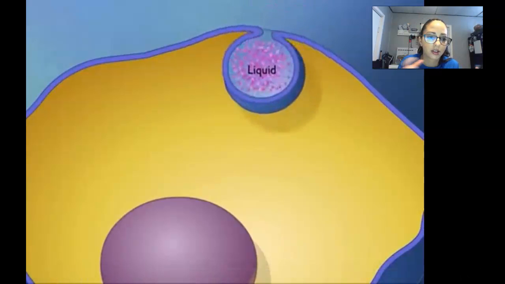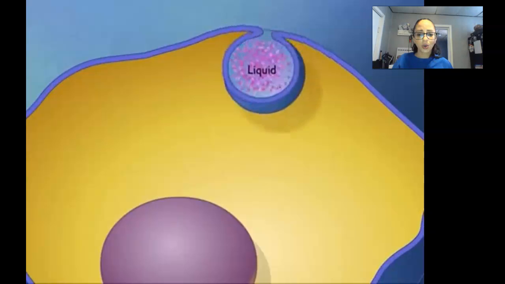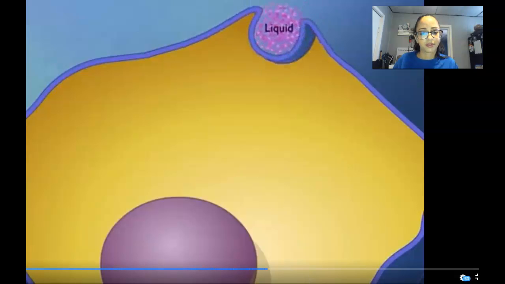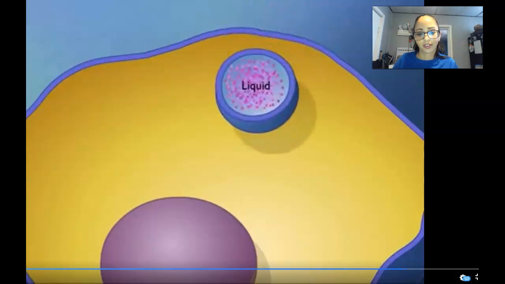So here, the cell engulfs, creates a vesicle, and basically hugs around the particles to go inside the cell. Okay, so when it engulfs it, it takes it in. Whatever materials it wants, it takes into the cell. And that's called endocytosis, entering the cell.